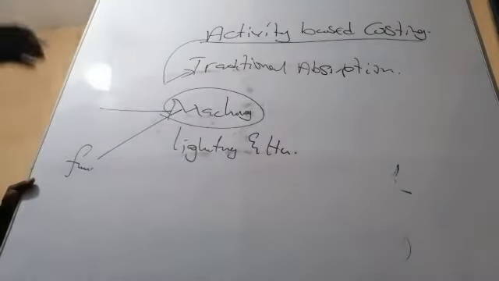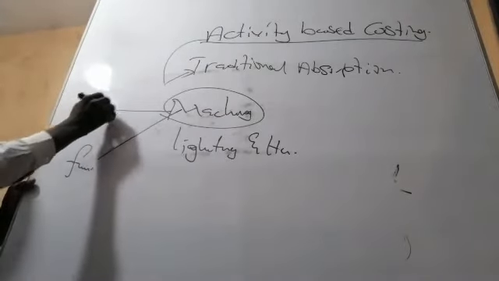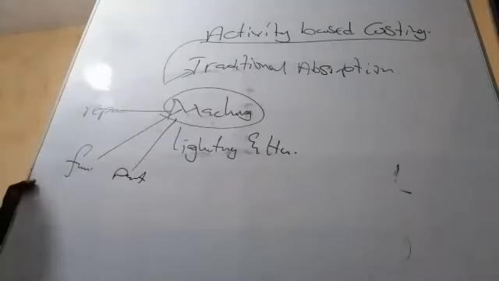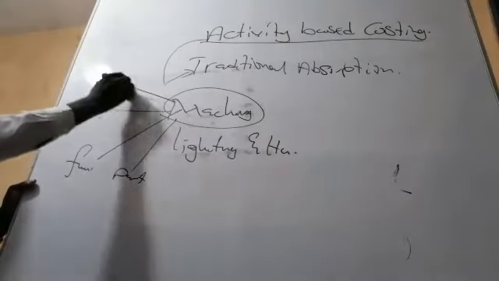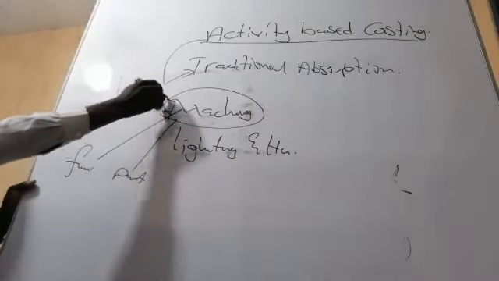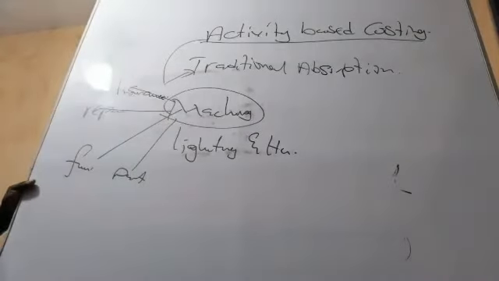So all repairs to machines, parts you buy, and insurance. If you talk about lighting and heating: electricity, bulbs, switches, cables. All of these are lighting and heating cost.